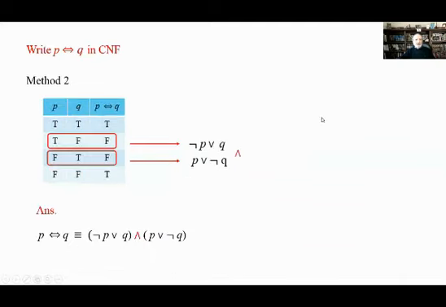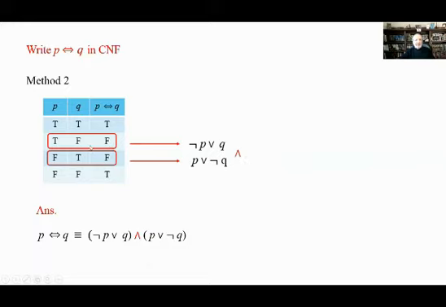Second method is do not take the negation of P biconditional Q, just leave it alone. And now instead of looking at the T's, look at the F's. This F and this F. Now remember, we are going to do this as a product of sums.